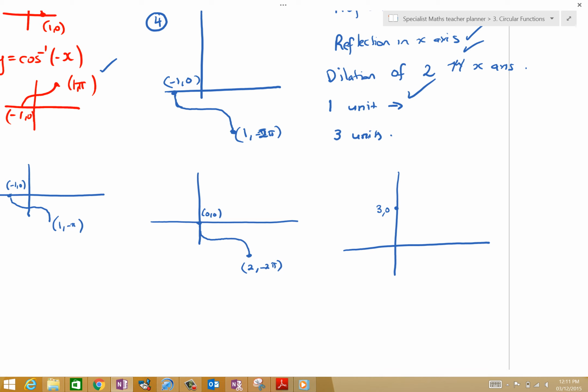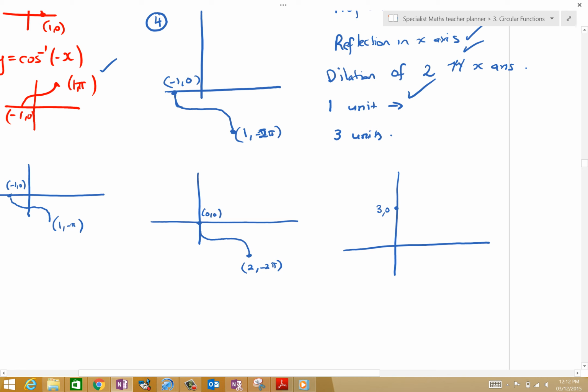Is there going to be an x-intercept? Yeah, because that's negative 2 pi. But we can say that that's 3 up is 1, 1, negative 2 pi.